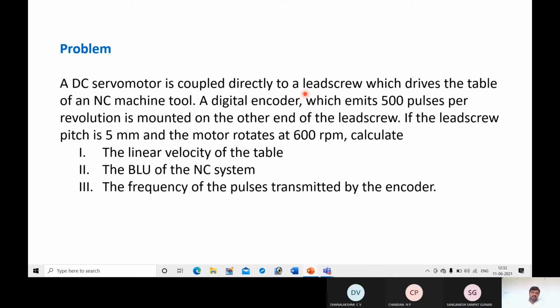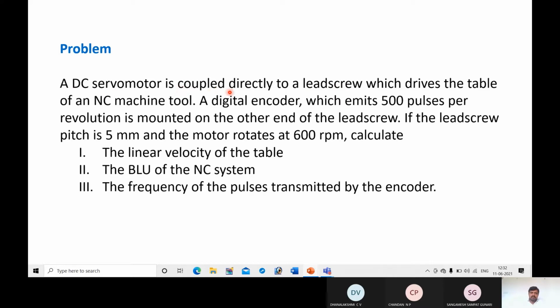If you want to get greater linear velocity, you can make use of gears. But here the motor is coupled directly to the lead screw, that means you are not using gears.